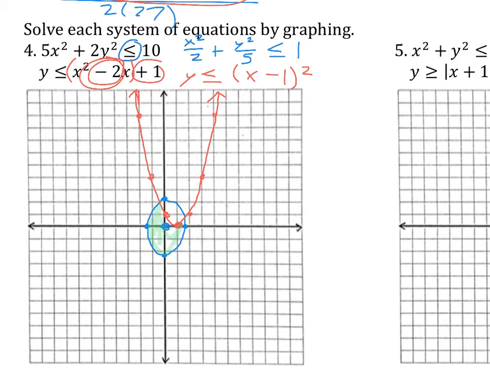So in the ellipse, but below the parabola. All right, and when your system has two inequalities, it's not like we can list every point that's shaded in. There's infinitely many points in that shaded region. So the solution is our graph with the correct shading.